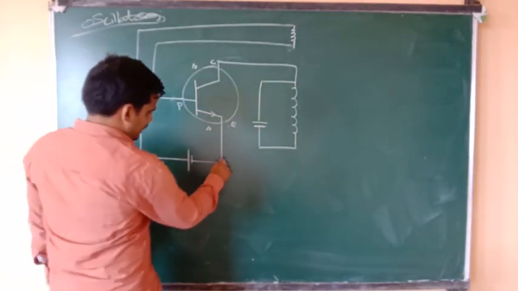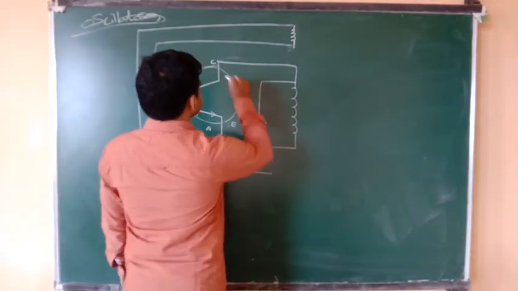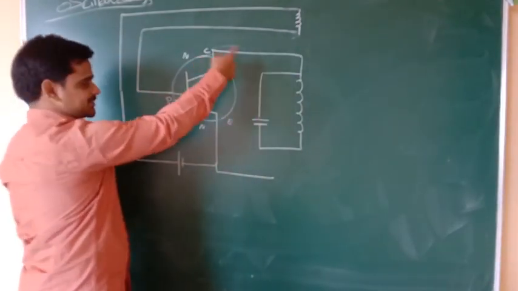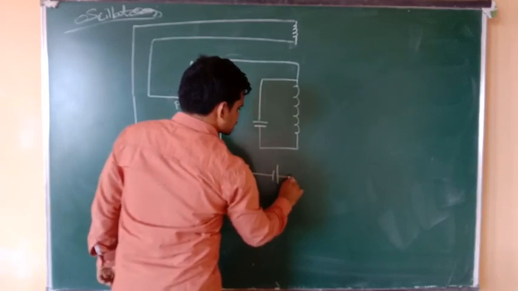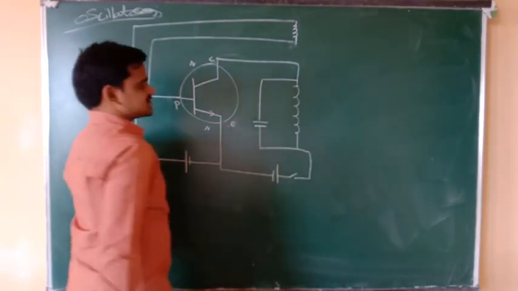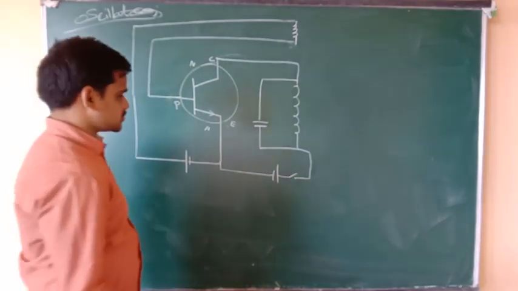Understand? Now this is the collector. The collector is N-type. The collector junction is reverse biased. N-type should be connected to the positive terminal of the battery. And here I am having a switch. Through the switch I am connecting.